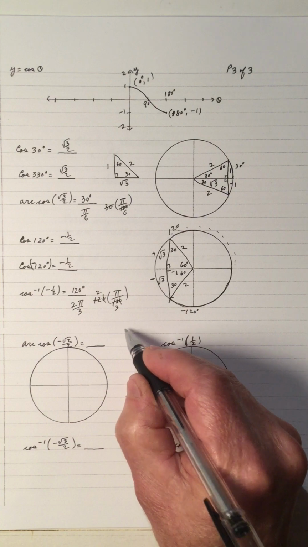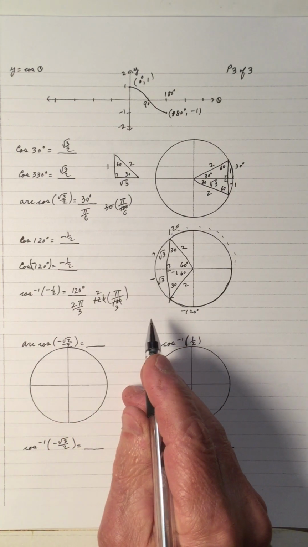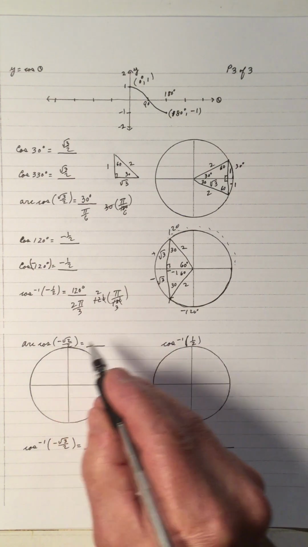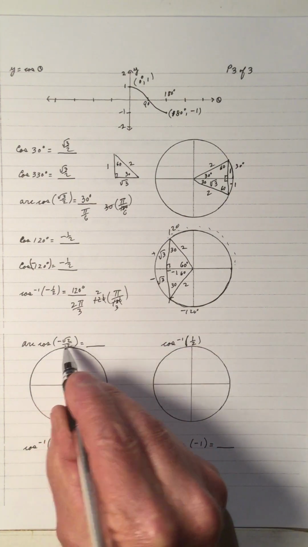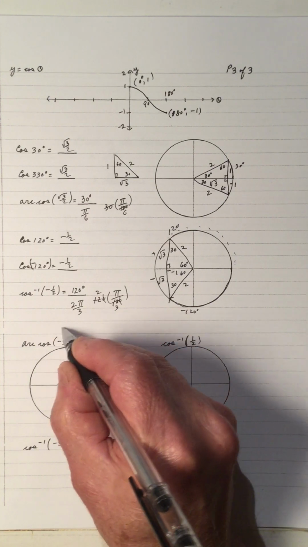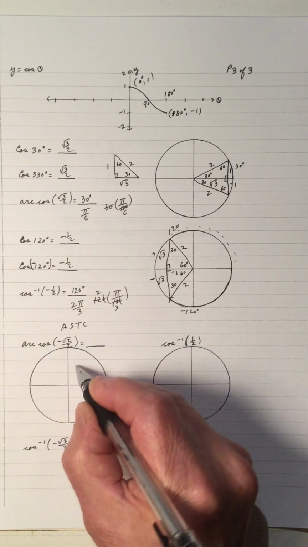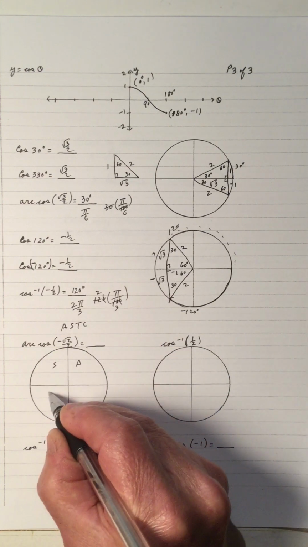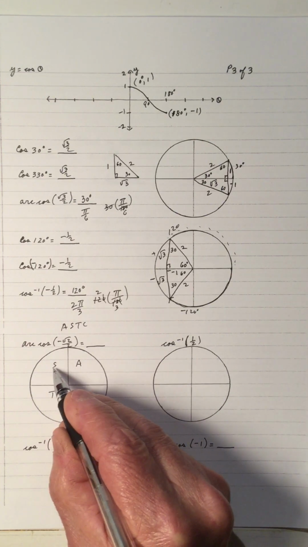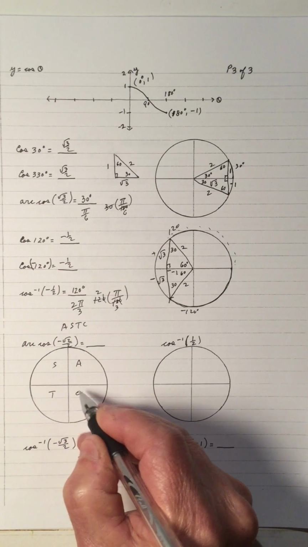Cos of root 2 over 2 is a 45 right triangle, and this one is negative. So because this is negative, we use the mnemonic add sugar to coffee. Everything is positive in the first quadrant: sine, tan, cos, and the reciprocals.